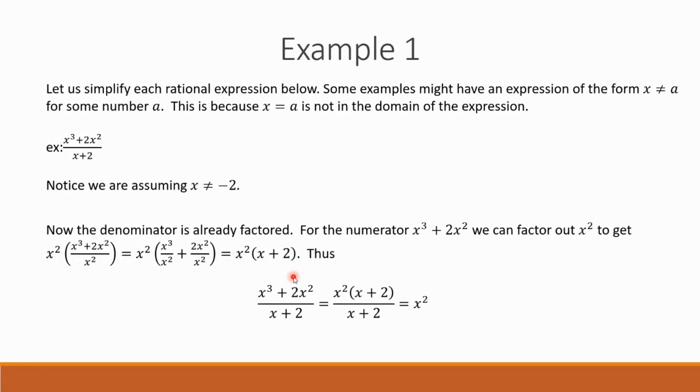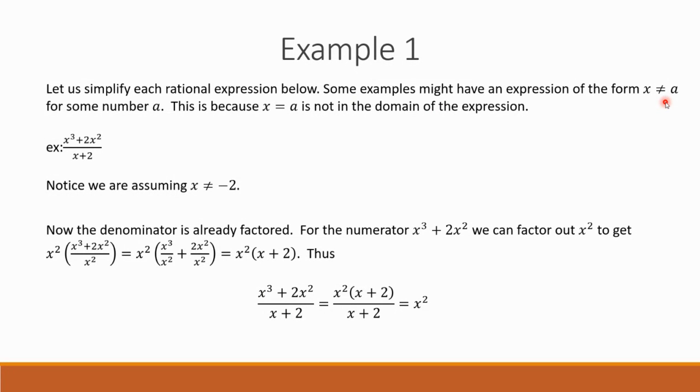For example, let's simplify this first expression here. Sometimes you're going to see with rational expressions, some sources, I think our textbook does it, they'll have something like x not equal to a, where a is just some number. Basically what they're assuming is they're working in the domain of the rational expression.